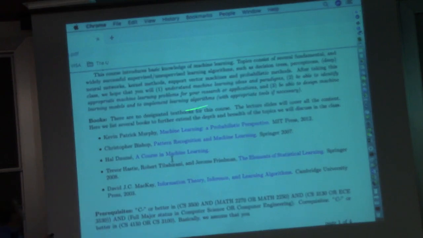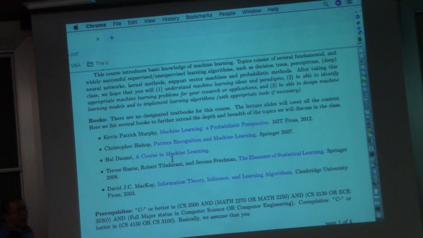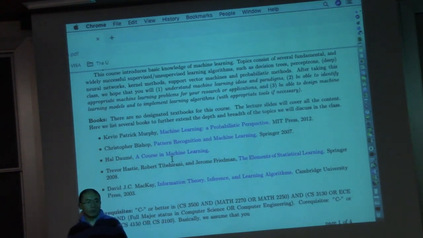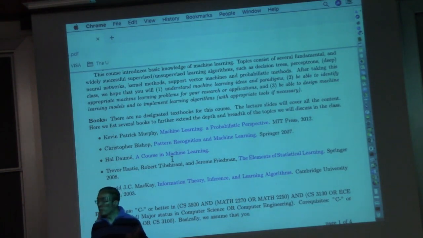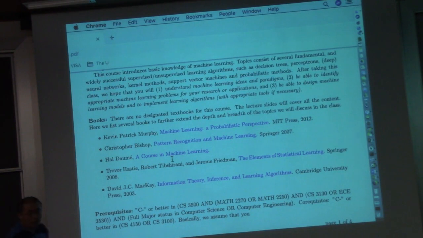Second, you should be able to identify or formulate appropriate machine learning problems from your own problems, whether in your research, applications, or your job. And third, you will be able to design a machine learning model, implement your machine learning algorithm, and test whether it works or not.